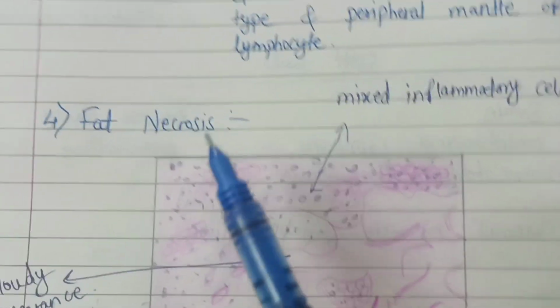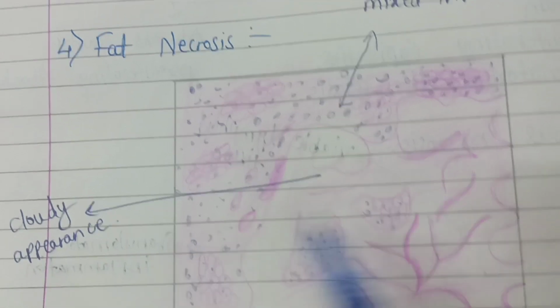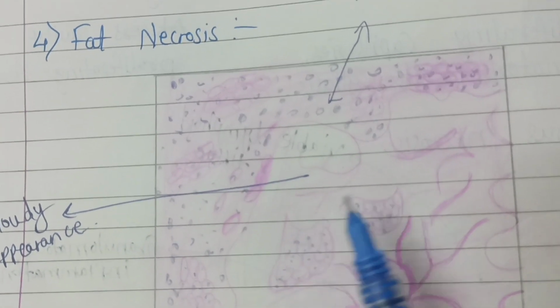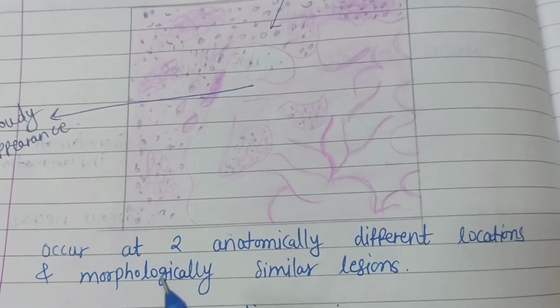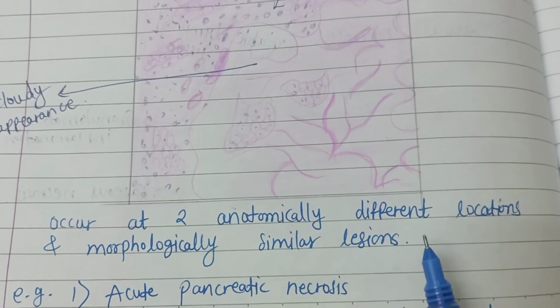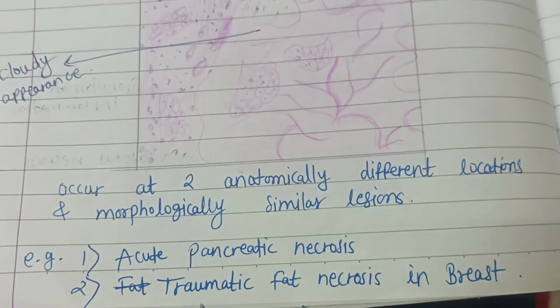Now fourth type is fat necrosis. Here we have to draw the diagram: a cloudy appearance of the fat cells and mixed inflammatory cells. Fat necrosis occurs at two anatomically different locations with morphologically similar lesions. Examples: acute pancreatic necrosis and traumatic fat necrosis in breast.